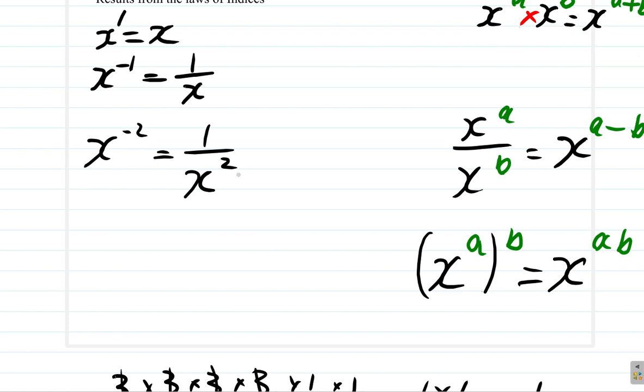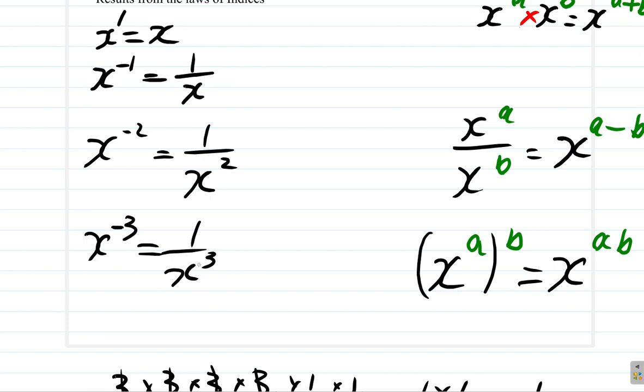Now, if you try with any other number and you make the index in the numerator 3 more than the index in the denominator, you're going to have x to the negative 3 is equal to 1 over x to the positive 3.